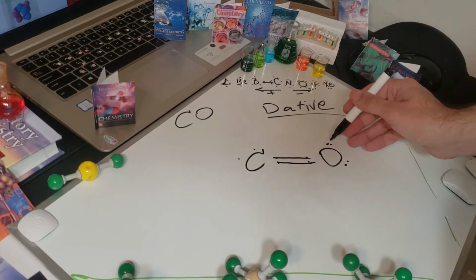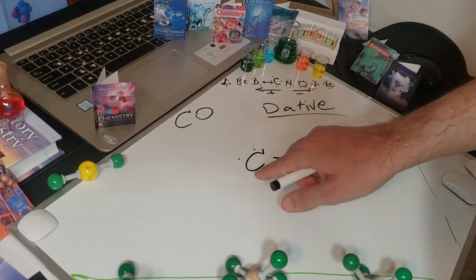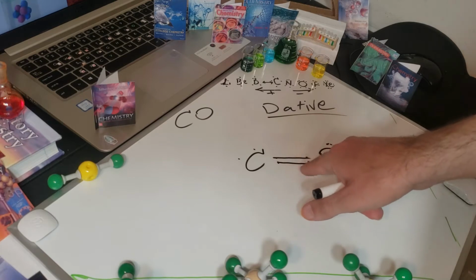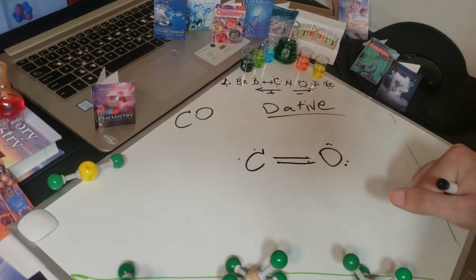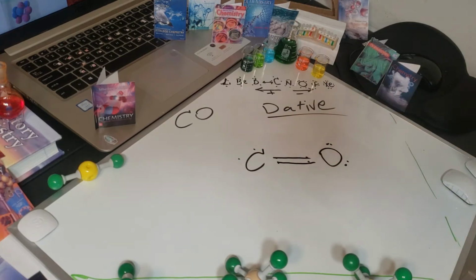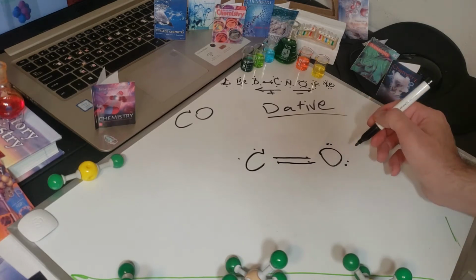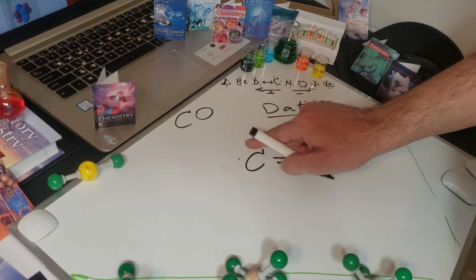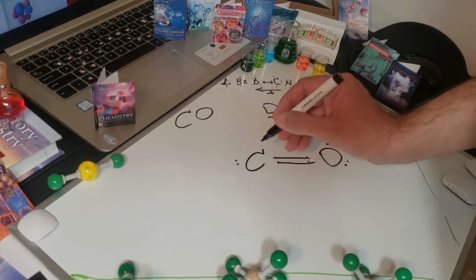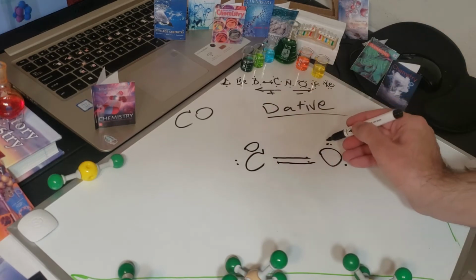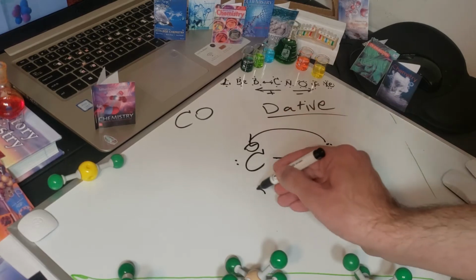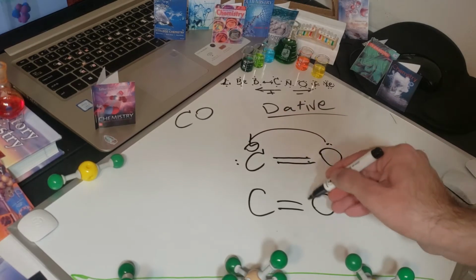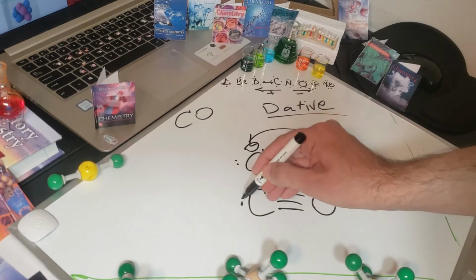I'm going to donate a lone pair, because carbon needs, here it has 6 electrons, 4 here and 2 single reacting electrons. It needs 2 more to make it to 8. So I'm going to donate a lone pair, it could be either this one or this one, to the carbon. And for that, my carbon has to pair up its 2 electrons to put up an empty space. Okay, so that's what's going to happen. And I'm going to have this sort of bond. Okay.